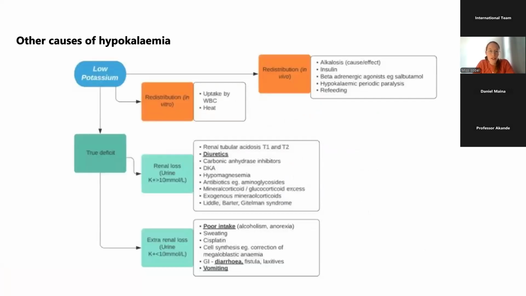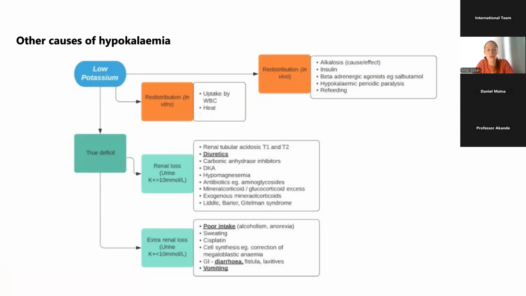So for this patient, we know that the likely cause of their hypokalemia is refeeding syndrome, which is a redistribution in vivo. So this top right box here, redistribution of the potassium into the cells.